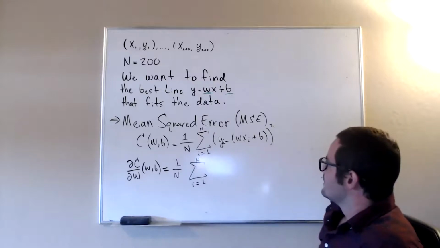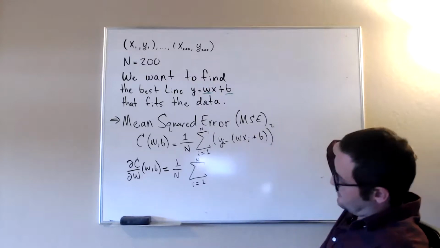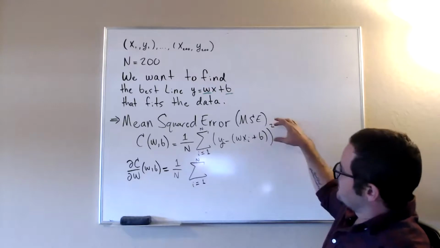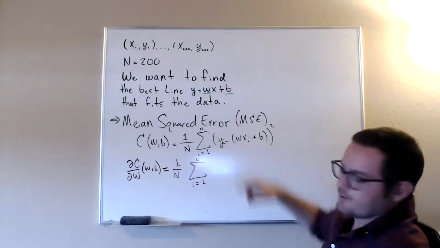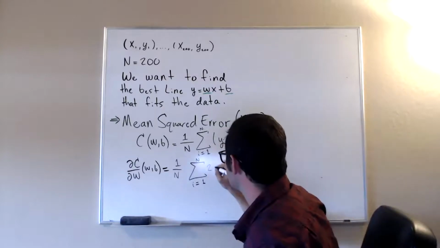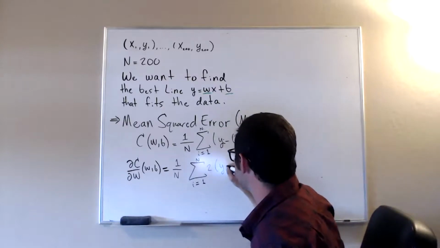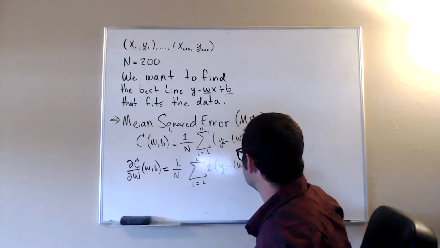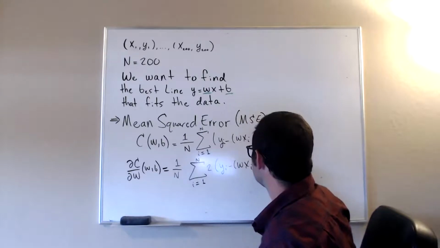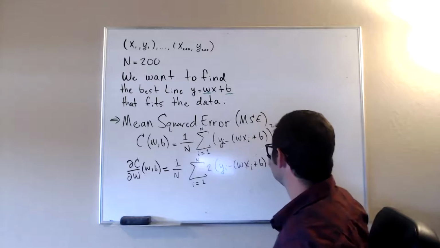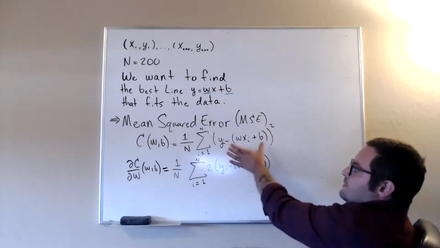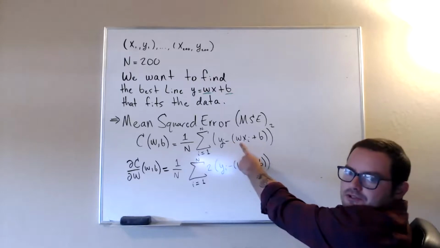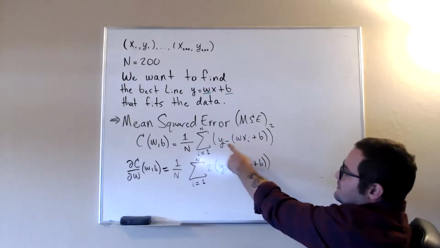Well, the derivative of the outside is going to be 2 times this. So it's going to be 2 times (yi minus (wxi plus b)). And then the derivative of the inside with respect to w is just going to be negative xi.